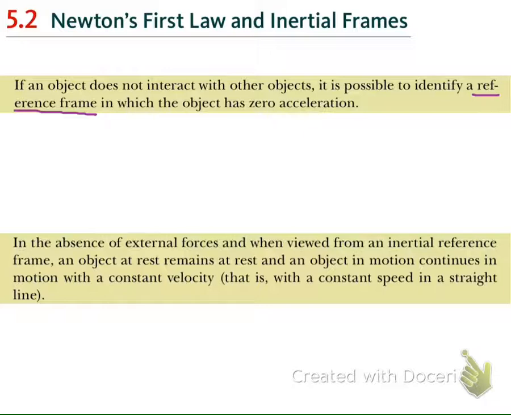Newton's first law tells us that the most appropriate reference frame is the frame in which, when an object does not interact with other objects, the acceleration is zero. And we call this frame of reference the inertial frame.